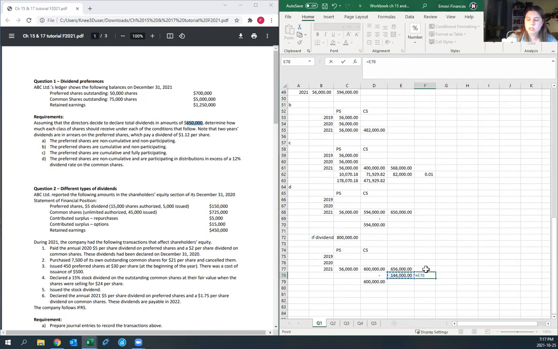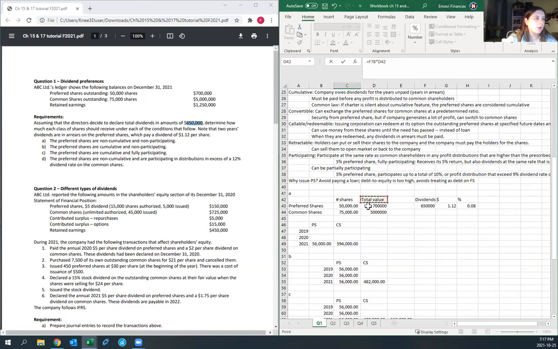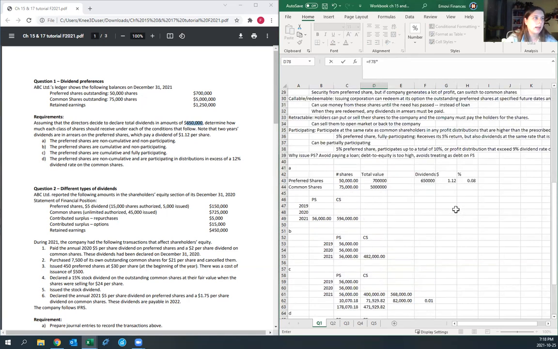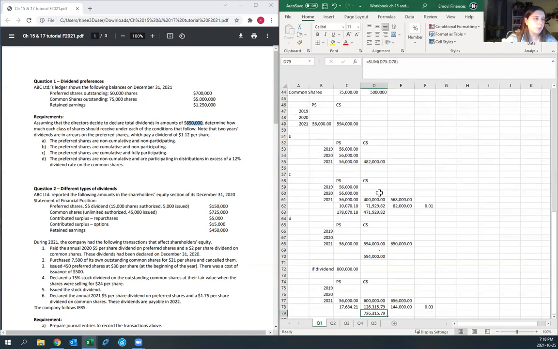What's the percentage? It's about 3%. So you do the percentage times the total value. And then the same for the common shares, percentage times total value.